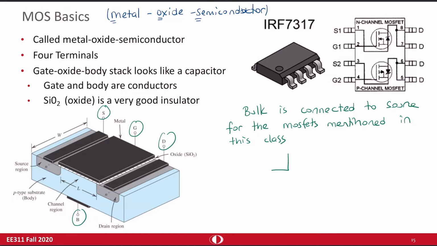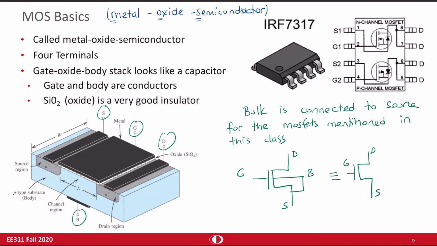So it's like a four terminal device: drain, gate, source, and bulk. Most of the time we show it with bulk and source shorted to each other, and we have drain, gate, and source, a three terminal device.